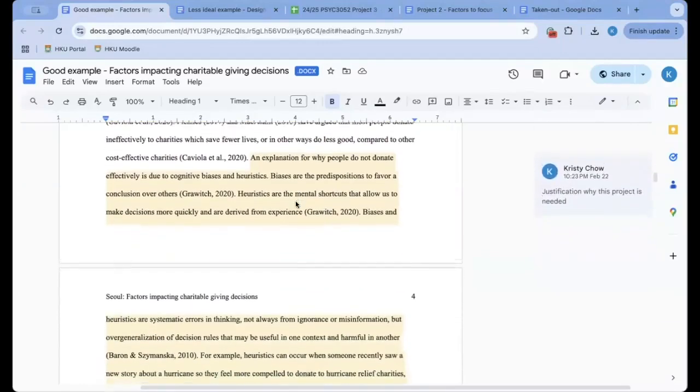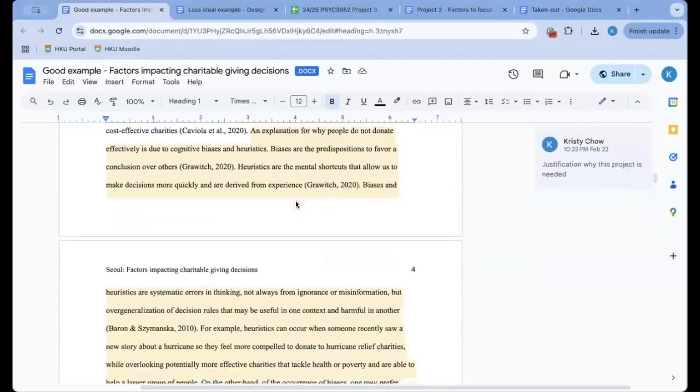And in their background, they also provided quite a lengthy and reasonable justification as to why this project is needed.